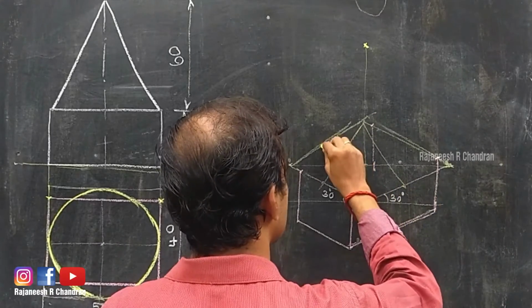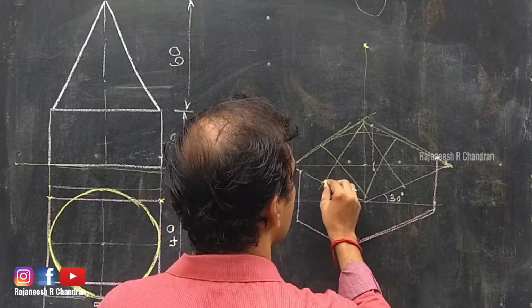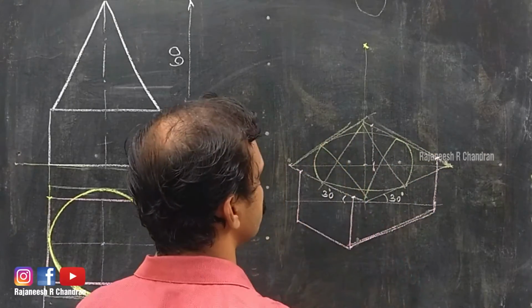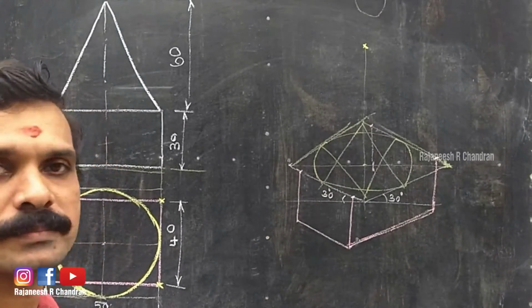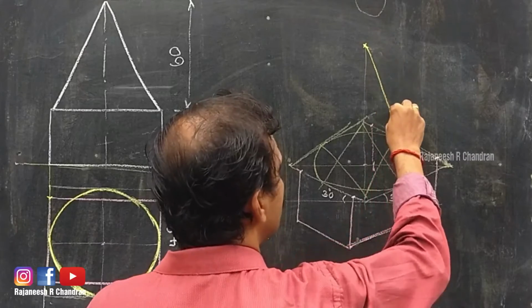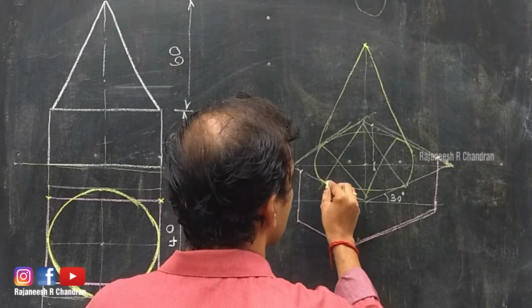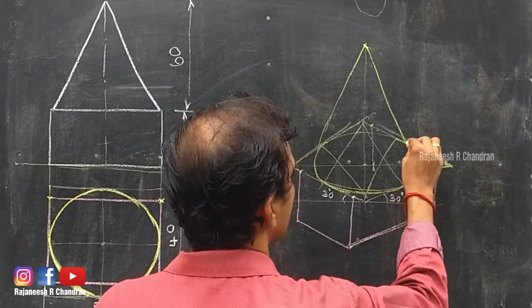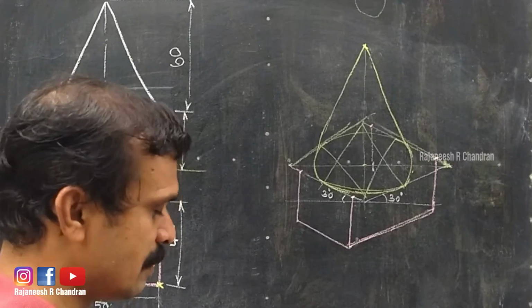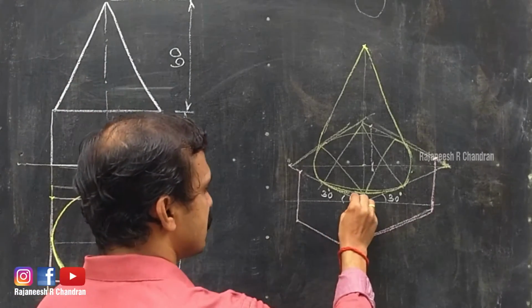Similarly, here a midpoint will be there. Clear? So draw the line tangentially.